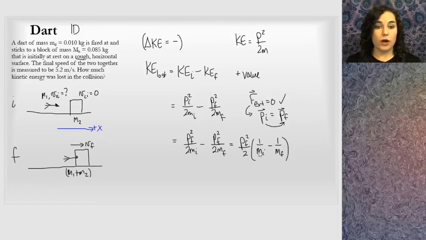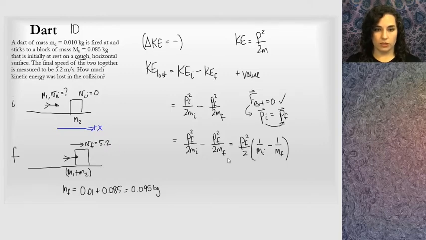These are quantities that I know. P final will be m final v final. M final equals both of these added together, which is 0.01 plus 0.085, that's 0.095 kilograms. V final, we're given 5.2.